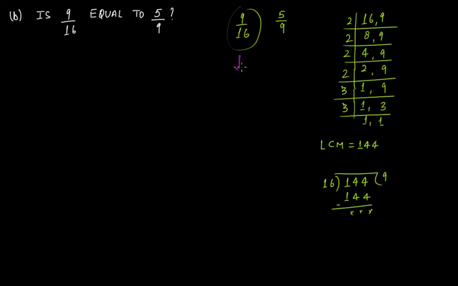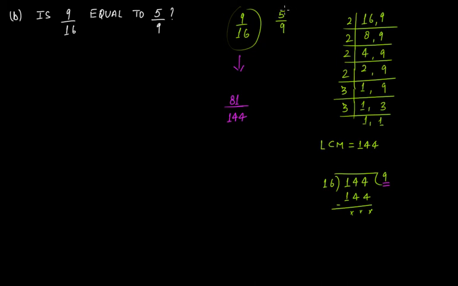So the equivalent fraction for this one having denominator 144 will be when I multiply the denominator by 9. Since I have multiplied my denominator with 9, I also multiply my numerator with 9. So 9 times 9 is 81.